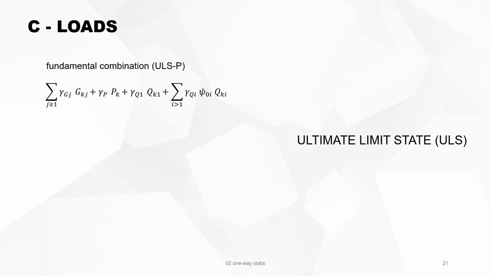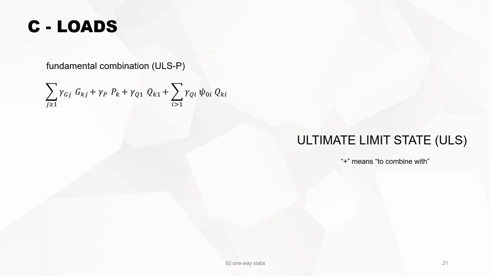Now, in the ultimate limit state, ULS, we have to make some combinations. The plus sign here means that you have to combine it with. The first is the permanent loads. The second is the pre-stressing load. Then you have the first variable load, and you combine it with the combination values of all the other live loads.